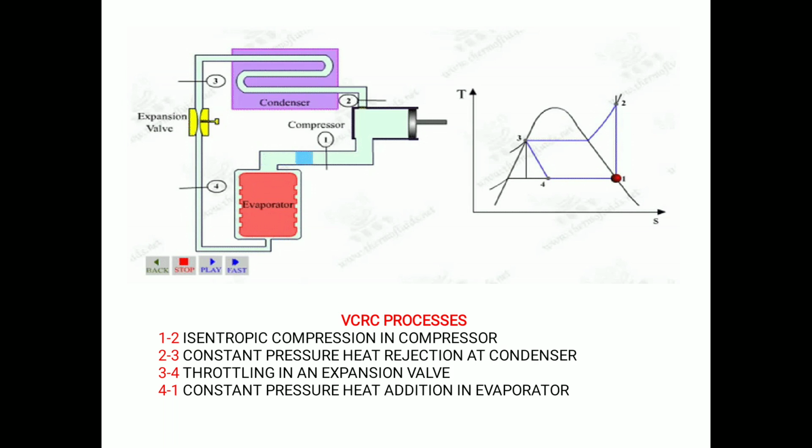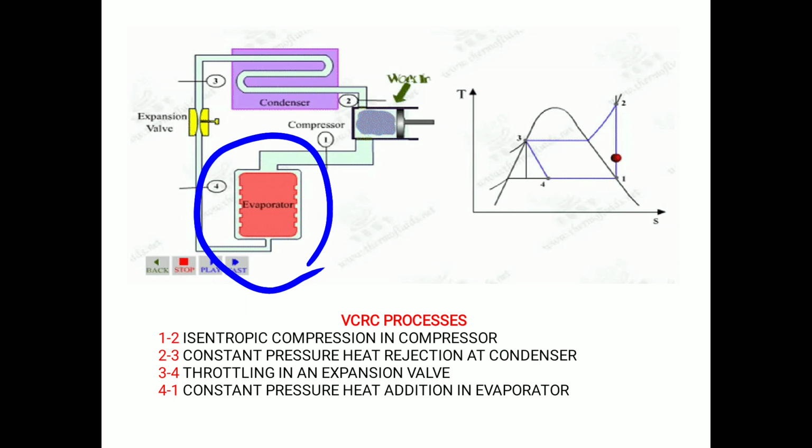After entering the evaporator, it will absorb the heat from your refrigerated space, that is your room, and then it will convert into low pressure, low temperature, but saturated vapor. What actually happens is it will absorb its latent heat of evaporation. In the evaporator, the refrigerant will absorb its latent heat of evaporation, and then the evaporation process will take place.